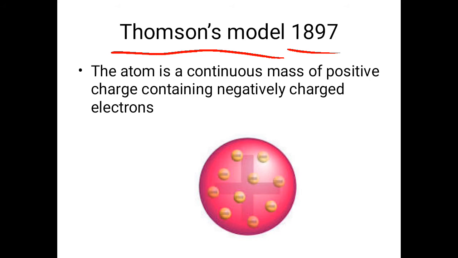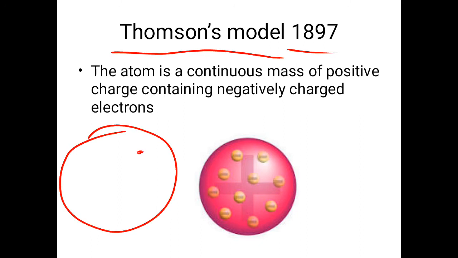His model was also called the plum pudding model, as if we have plums embedded on the pudding like this. And the plum pudding model tells us that the negatively charged particles are embedded, or are present, spreading all over the size of the atom.